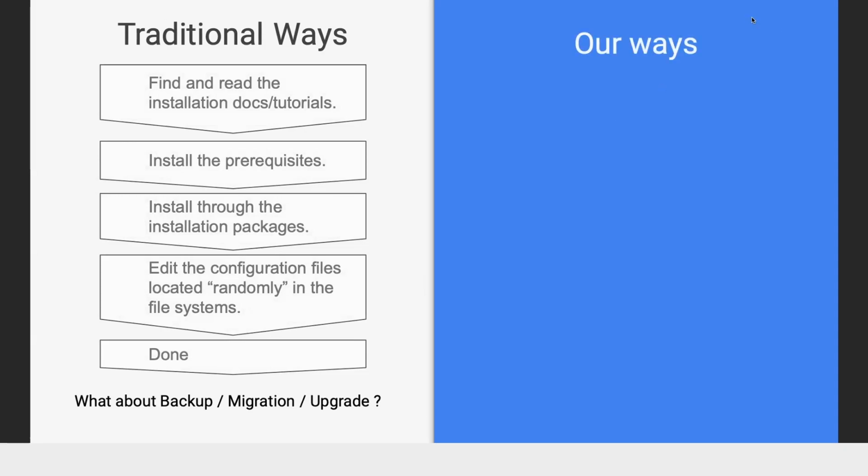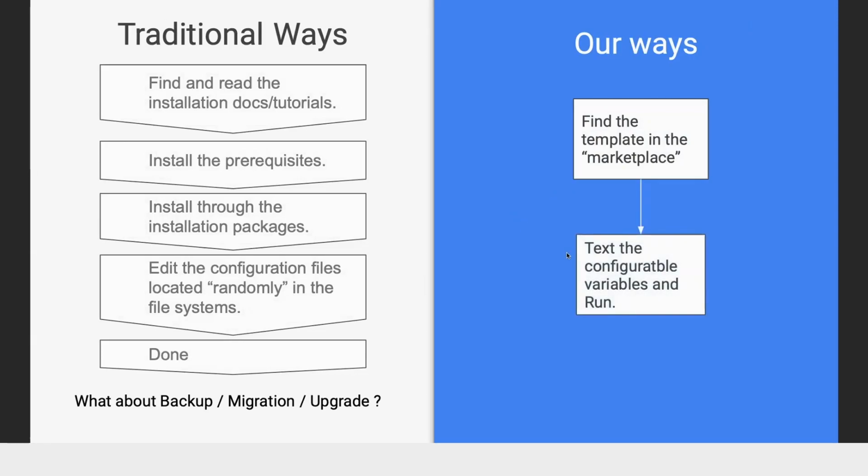So with my project, we can just find the template of the software you want to install in the marketplace. Then you can just type whatever you want to configure as the configurable variables and click run. Then the software will be installed and start working.